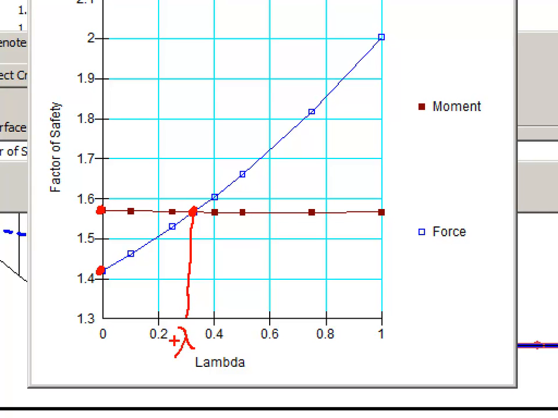And recall that lambda was approximately 0.32, meaning that is the location where the two factor of safety curves cross each other, and that is the Spencer factor of safety, because we said that we were going to use a constant interslice force function.